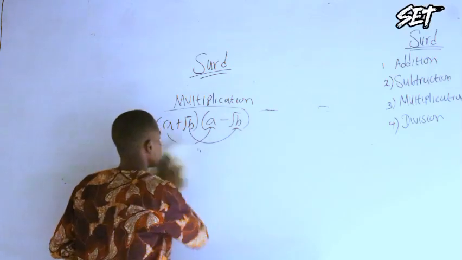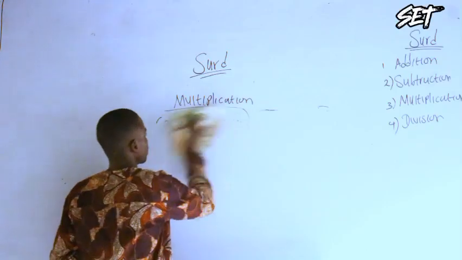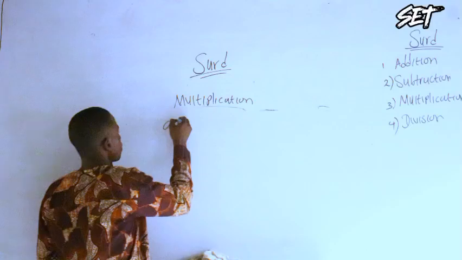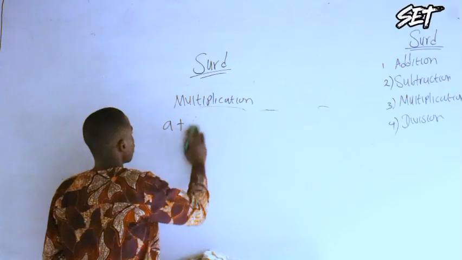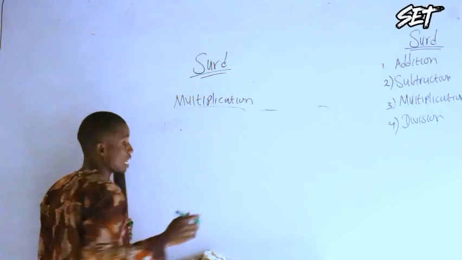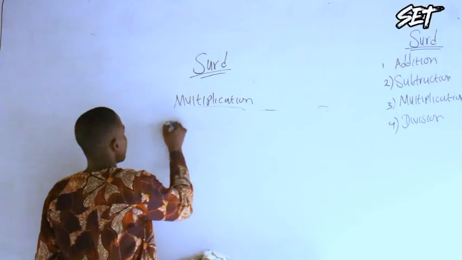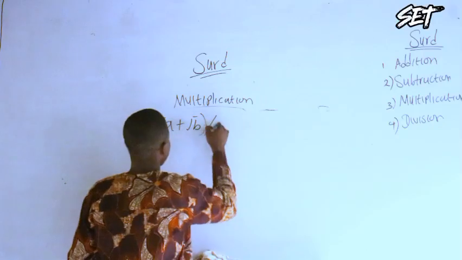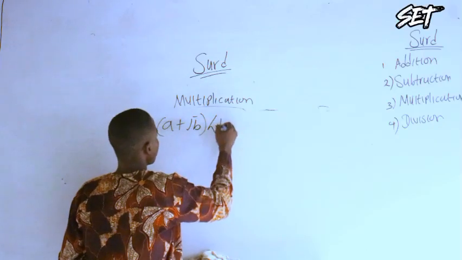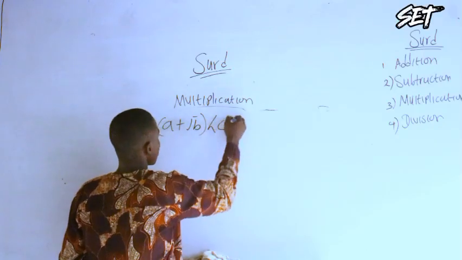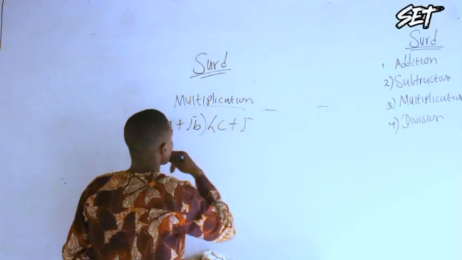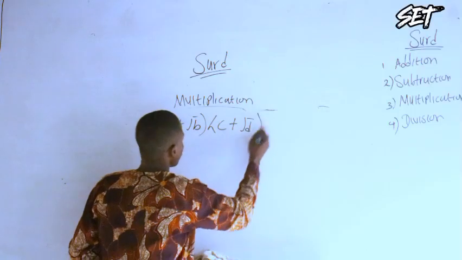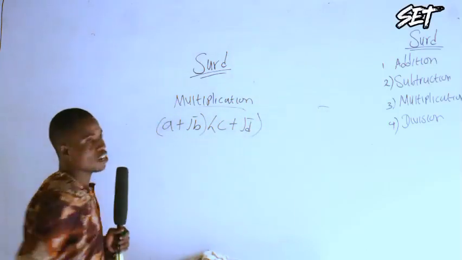Now, I want you to note something. When we have, let me give you an example, A plus root B, bracket, C plus root D. Look at it, these numbers are not the same thing.